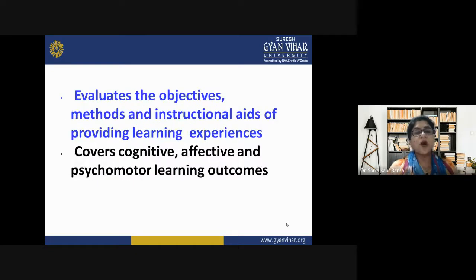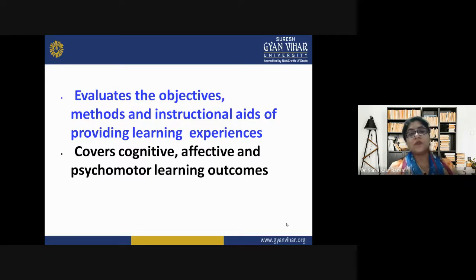So this is about Bloom's approach, and it also evaluates the objectives, methods, instructional aids, and the provision of learning experiences. It covers the cognitive, affective, and psychomotor learning outcomes. As I have told you earlier, the cognitive domain relates to the intelligence head.